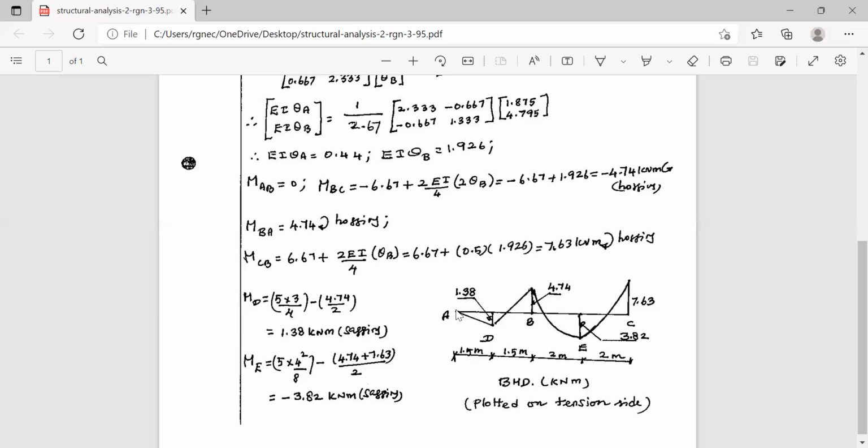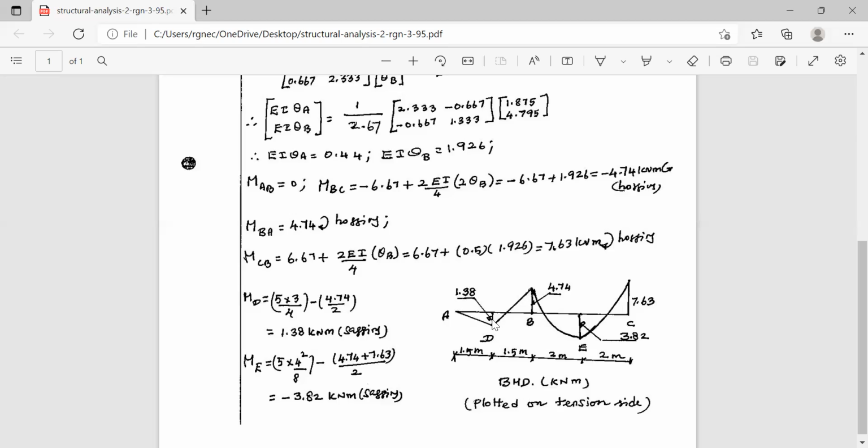The purpose of plotting the bending moment diagram on tension side has some merit, because in the case of RCC beam, generally the reinforcement is provided on tension side, but compression side also provided reinforcement as an additional requirement. That is different. It is very important to know the tension side.